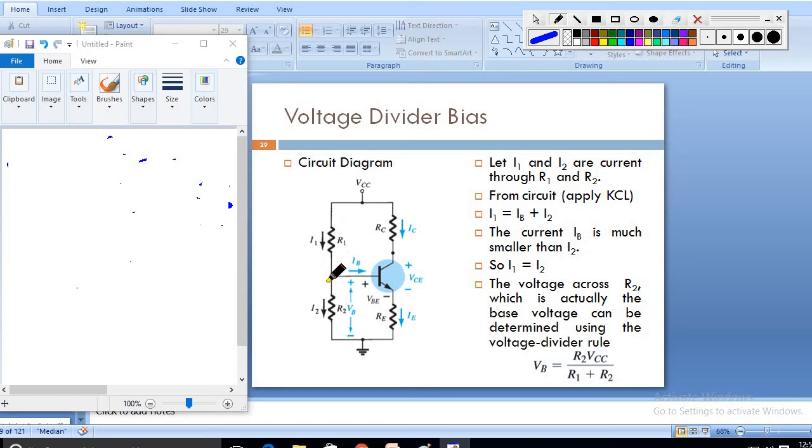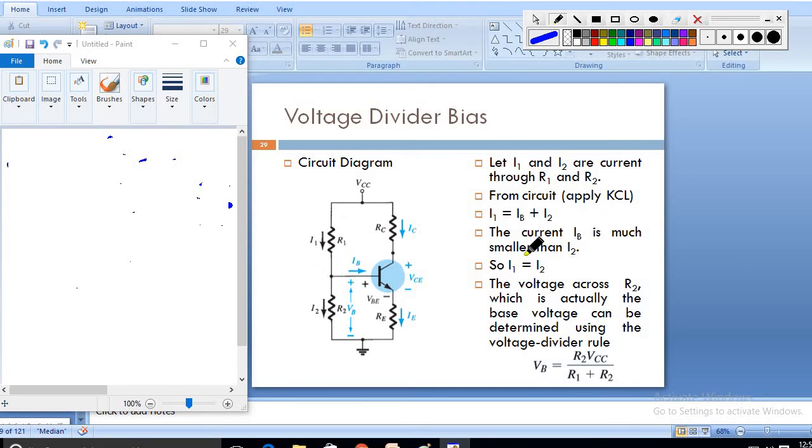And I2 is outgoing and IB is outgoing. So the sum of incoming currents is only I1, and I1 is equal to the sum of outgoing currents, IB and I2. Sum of incoming current is equal to sum of outgoing current. This is exactly Kirchhoff's current law.